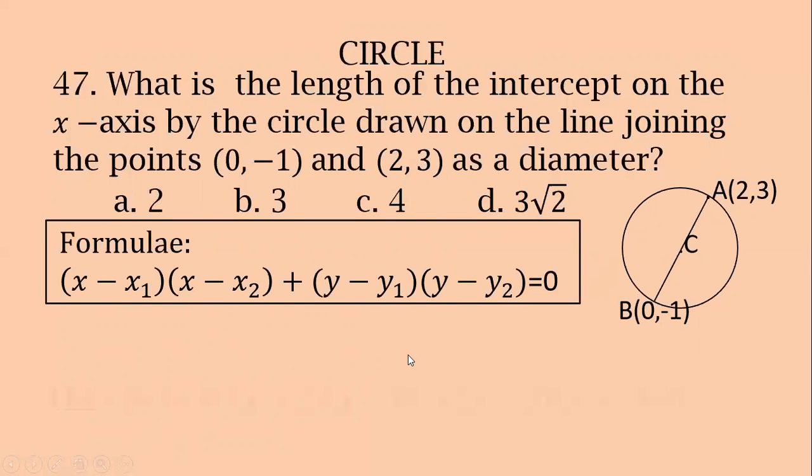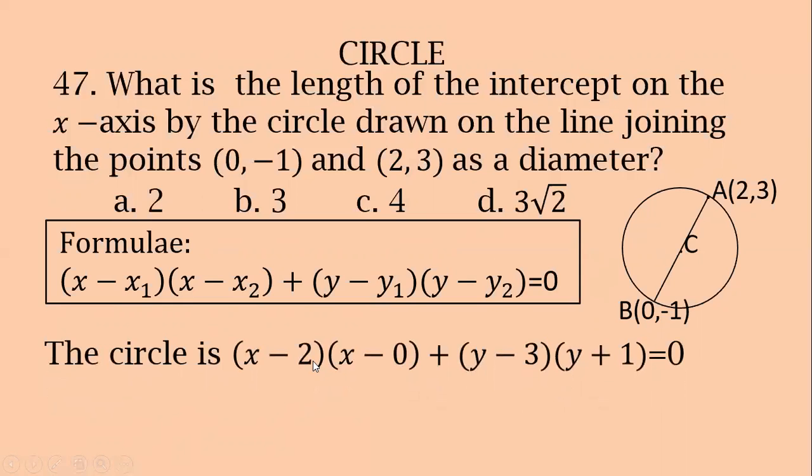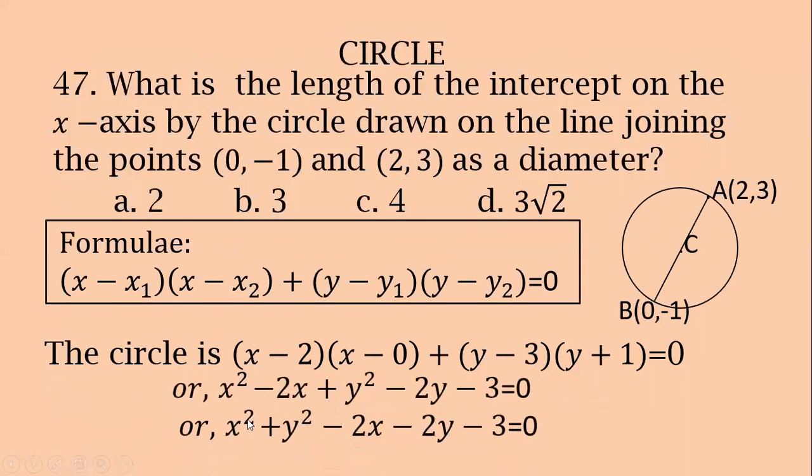So we get the equation first. It is x square minus 2x, then y square minus 2y minus 3, and this is the equation. Now we need to find the intercept on the x-axis. I know the formula: 2 root over g square minus c.